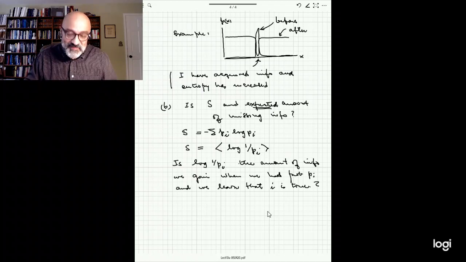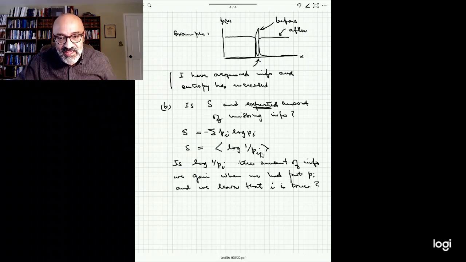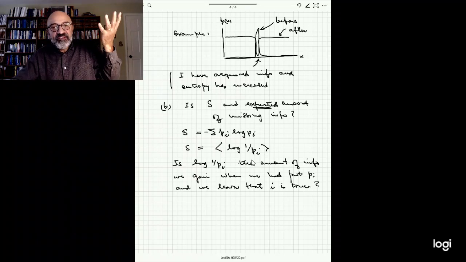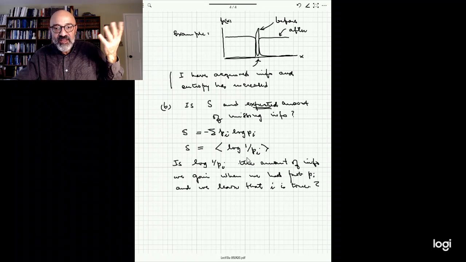there is a problem. And the problem is the following. If pi is very low, this is a very large number. And log pi is a moderately large number.